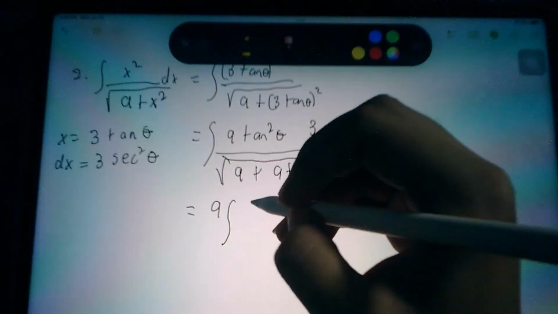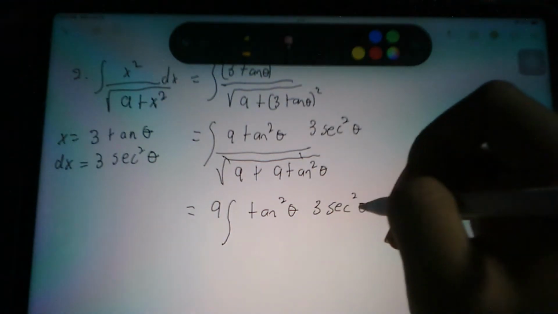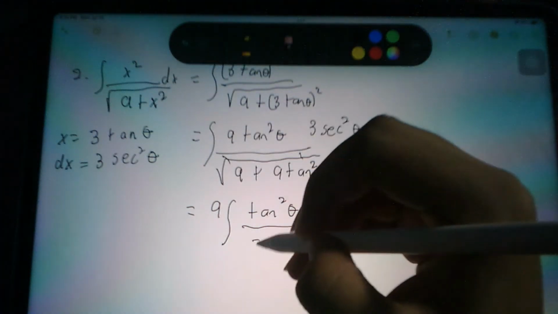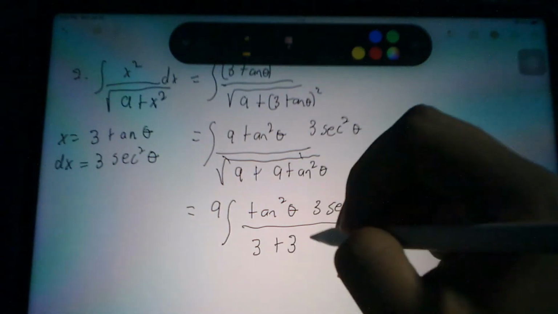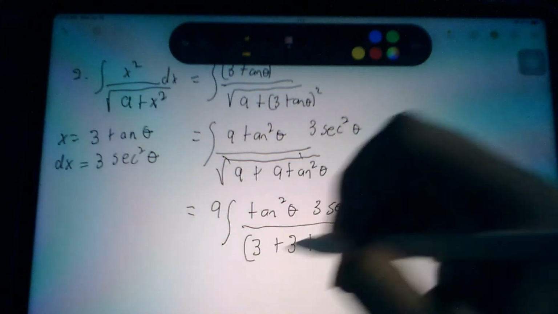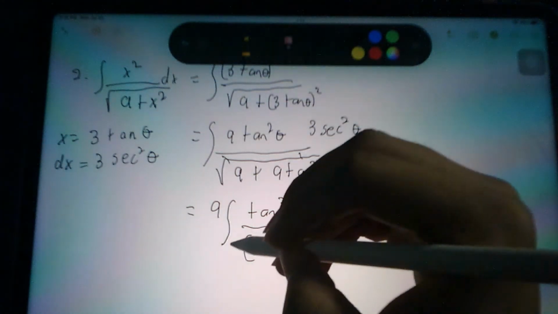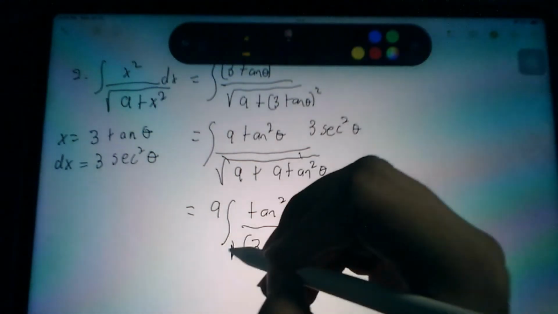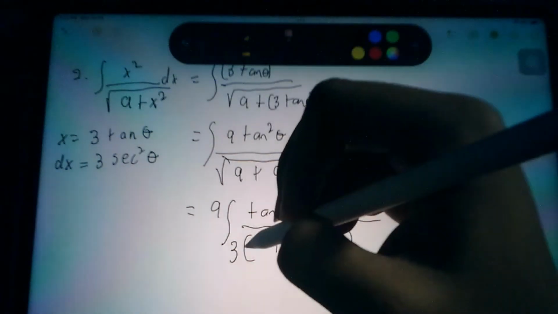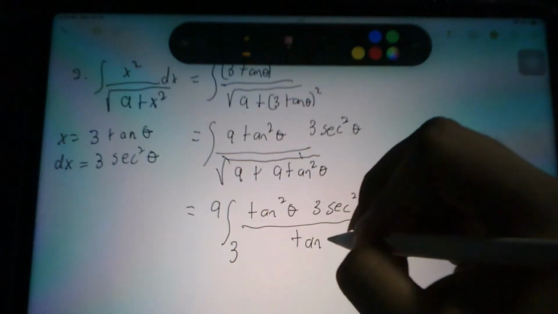9 integral of tangent squared theta, 3 secant squared theta over 9 here will just come 3 plus 3 tangent theta. Now we have here a common factor. Let's take this out. It will become 3. So this will just become 3 tangent theta.